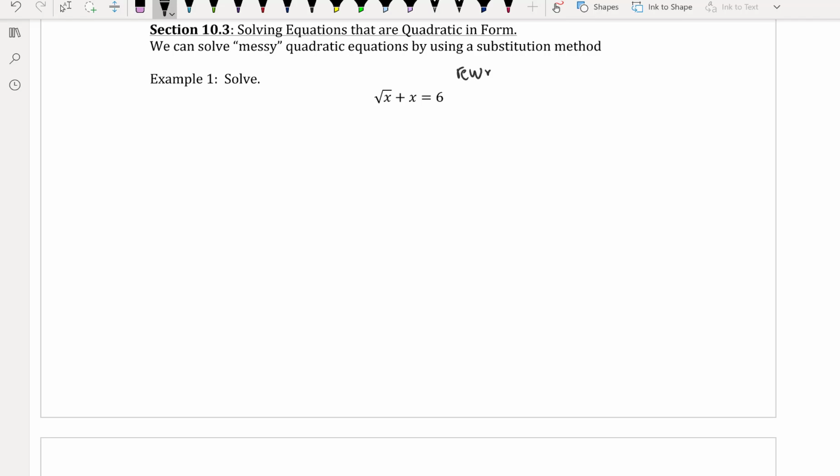So rewrite in standard form. And remember, standard form means from biggest degree to smallest degree.